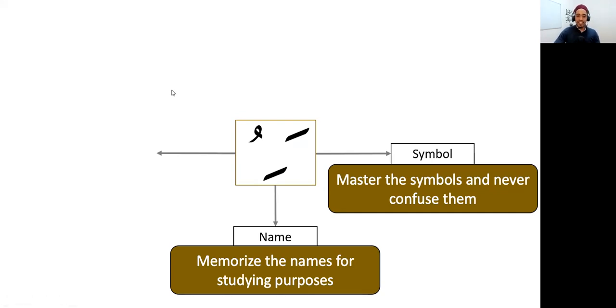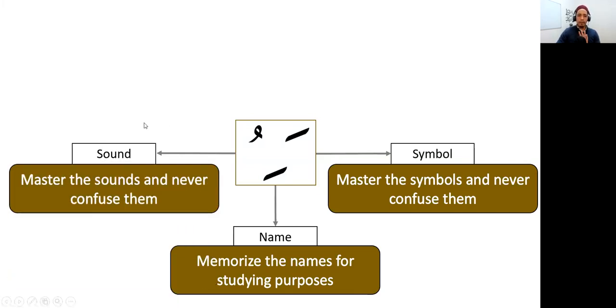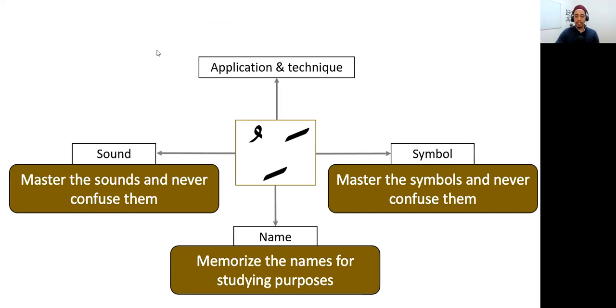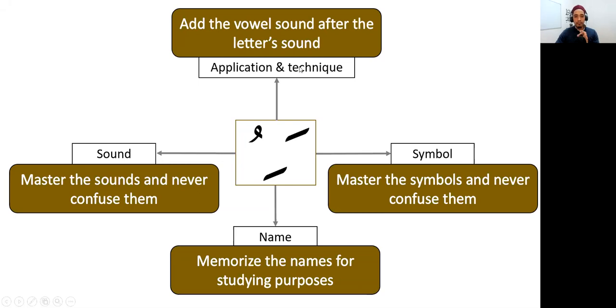Okay, the next thing is the sound, right? We said we want to absolutely master the sounds and never confuse them. The sounds and the symbols, link them together, never confuse them. And lastly, application: we said the key is to add the vowel sound after the letter's sound.